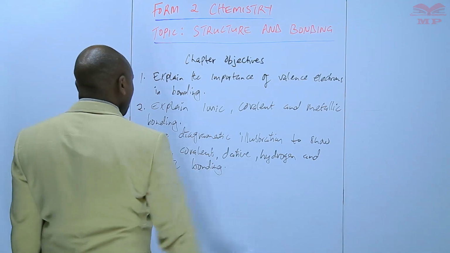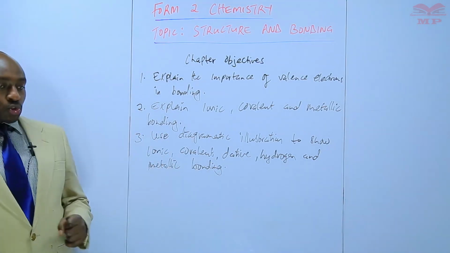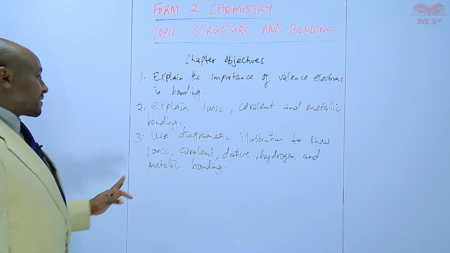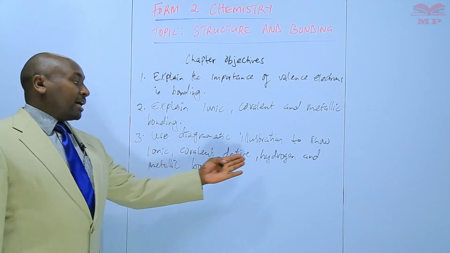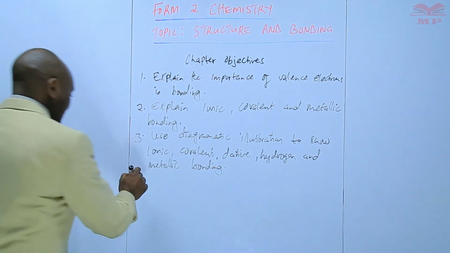So you should be able to use a diagrammatic illustration to illustrate, for instance, ionic bonding, hydrogen bonding, metallic bonding, and the others.